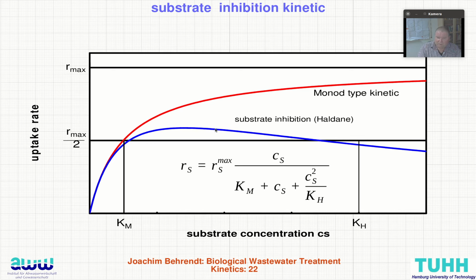If we reach this point, the process becomes unstable, because if the concentration grows a little bit due to some circumstances, the uptake rate goes down. That means the concentration rises even more, and so on, and the process crashes. This is highly unwanted, so we have to be very careful.